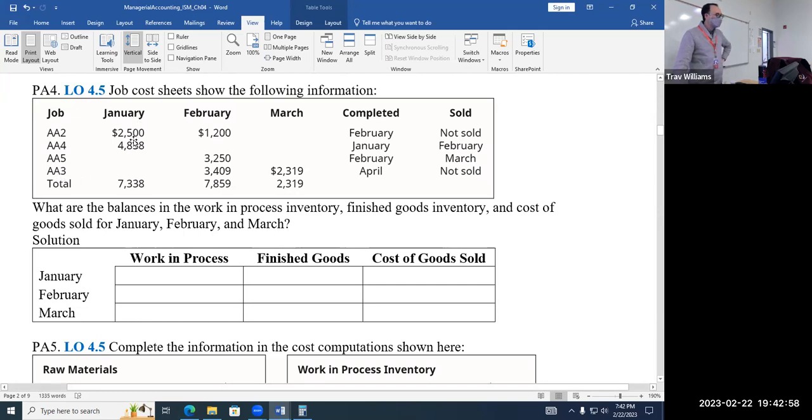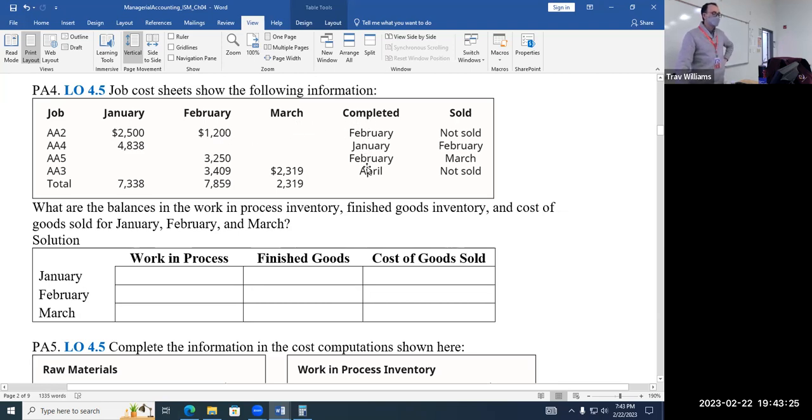It shows us the costs for each job each month. What's a little confusing is that it's cumulative. So this first job had $2,500 of costs in January and then another $1,200 in February. Right, so at this point, they've actually had $3,700 in costs. So that makes it a little confusing.